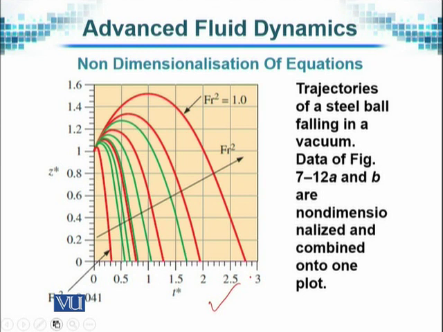And similarly, what happens if the height is increased, in this case the non-dimensional height, and similarly the time is also non-dimensional, but you can see how these things change as the Froude number increases.